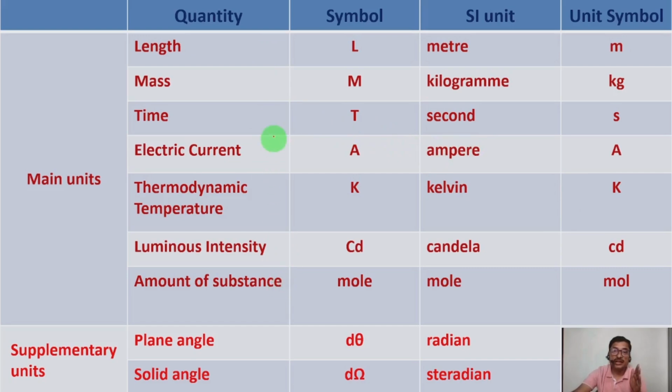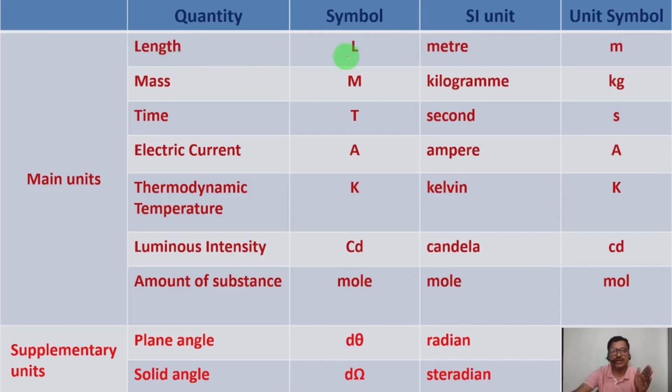Their quantity symbol, SI unit, and unit symbol are mentioned. Along with this, there are two supplementary units, and the main units can also be called fundamental units or base units. We will take them in detail.